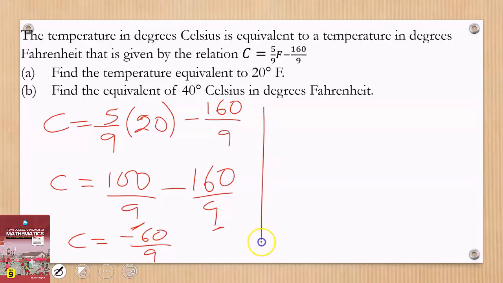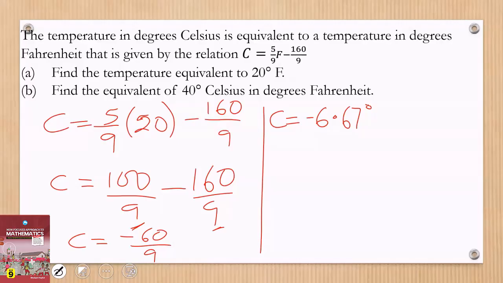Negative 60/9 can be the final answer, or we can convert it to decimal, as C being equal to negative 6.67 degrees. So that is the answer. That means 20 degrees Fahrenheit is negative 6.67 degrees Celsius.